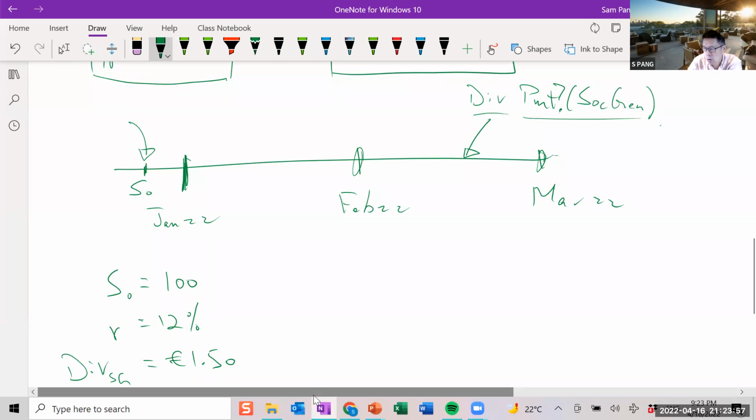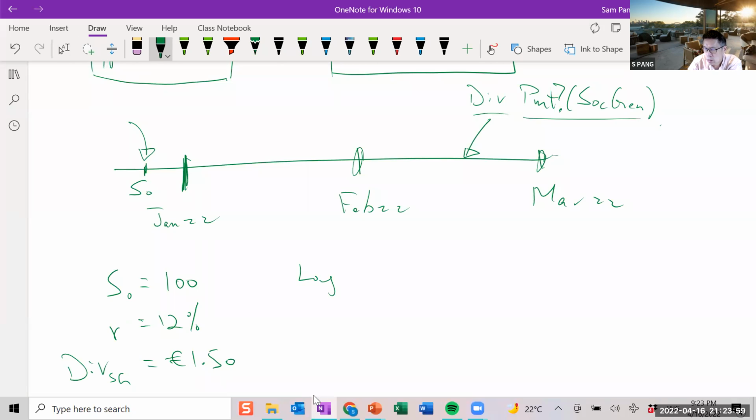So if you are long the futures roll, then as I said, it's equal to the interest cost of 2 months minus the interest cost of 1 month minus the dividend.